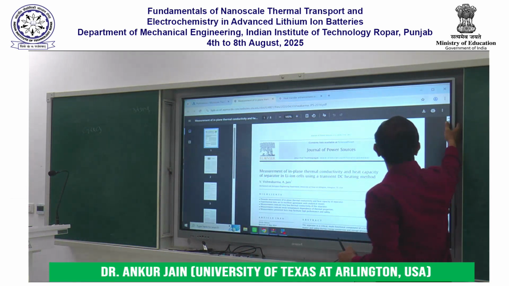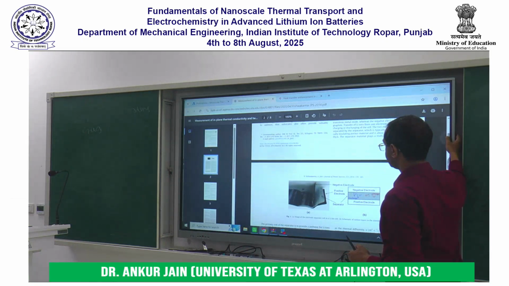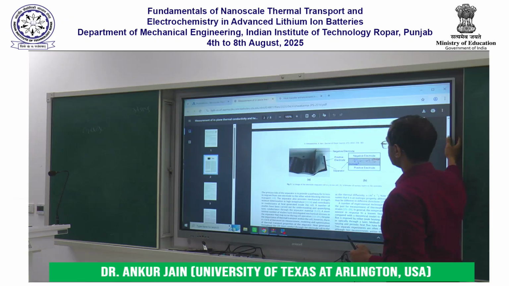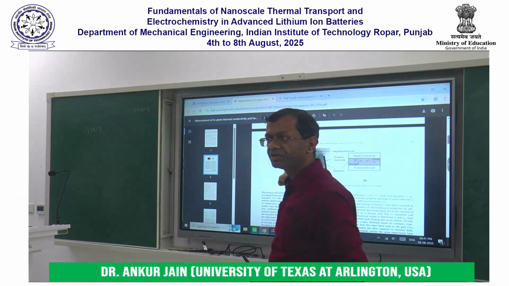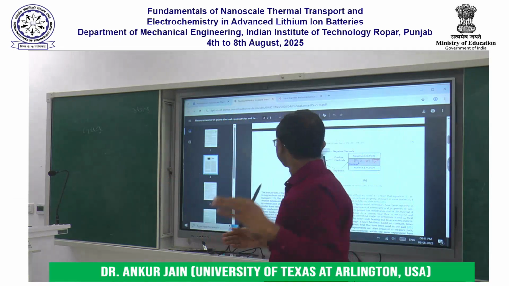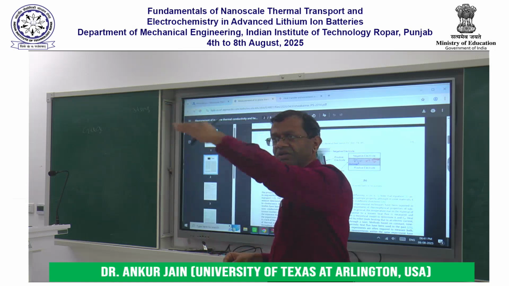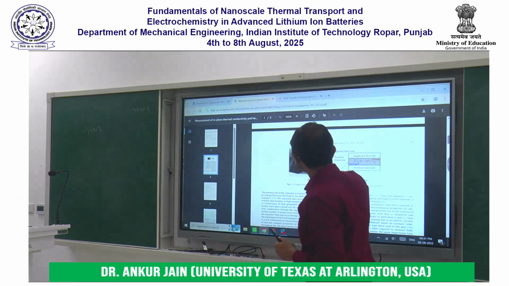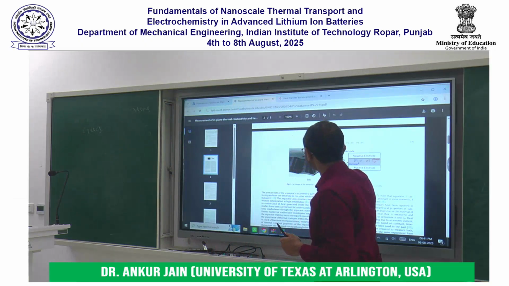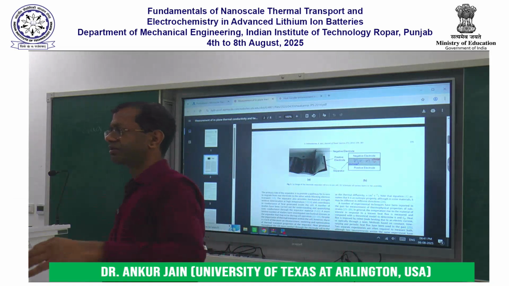And the point here is that the separator is a very thin material, sort of like this. What I've shown here is those paper rolls comprising the anode, cathode, separator, etc. So this is the negative electrode, the other one is the positive electrode, and in between is the thin separator.